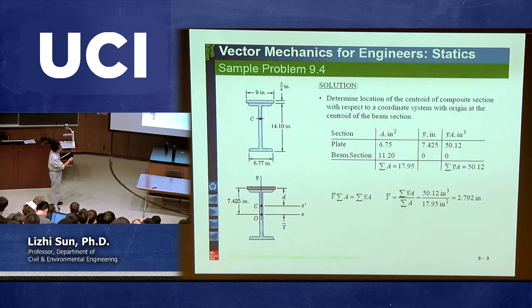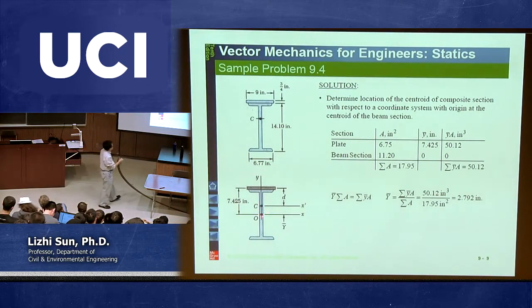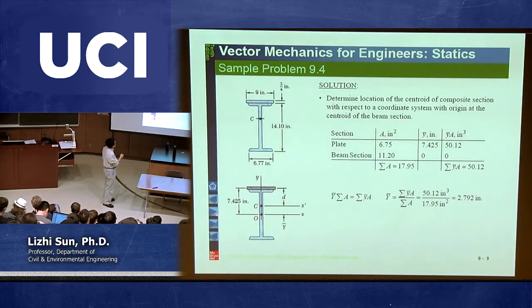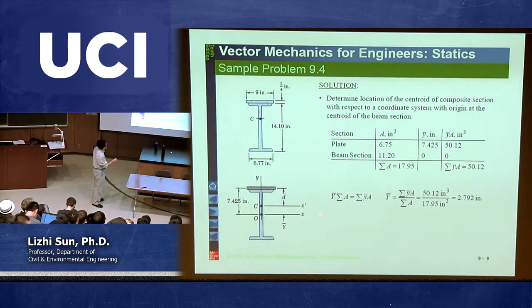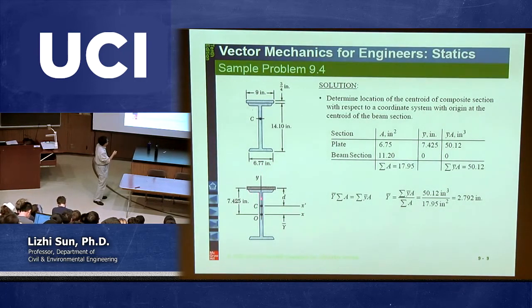This is the original picture, but this is the picture we call the superposition. First of all, we set up the horizontal axis called x, and the vertical called y. The origin is the center of this lower part.